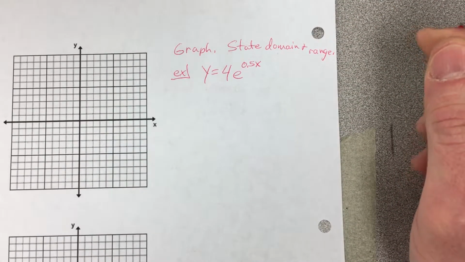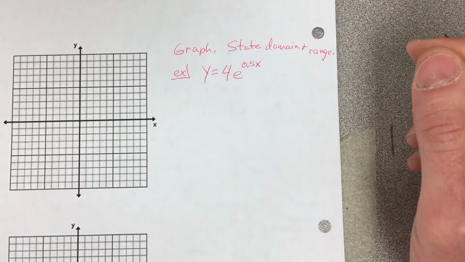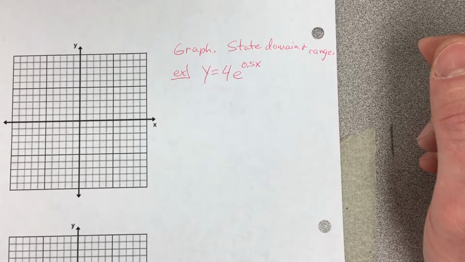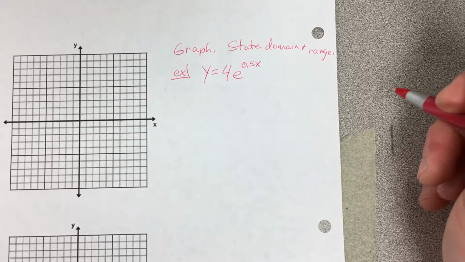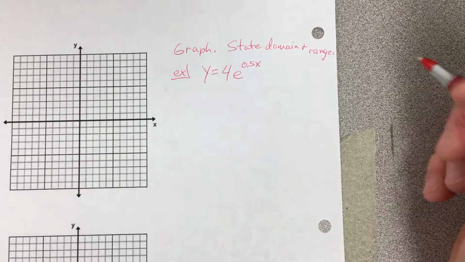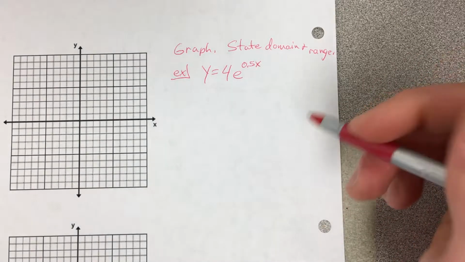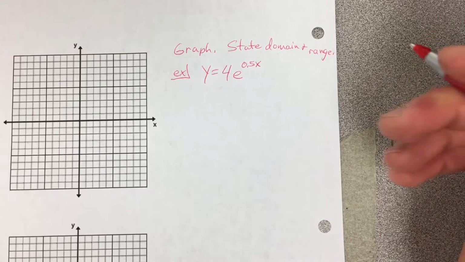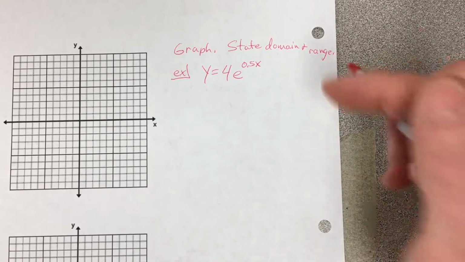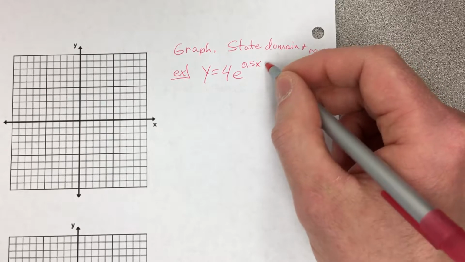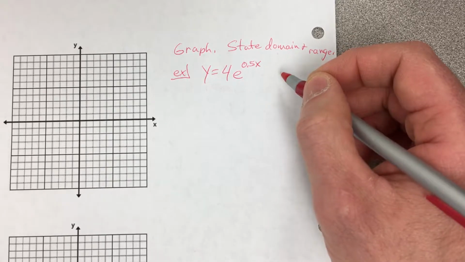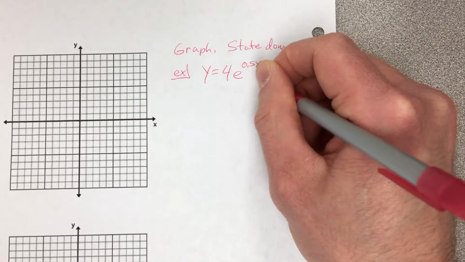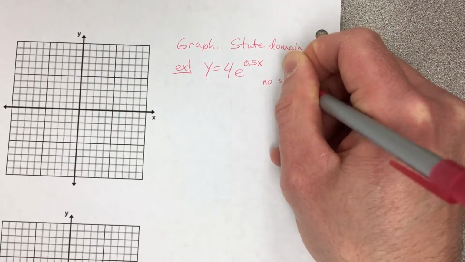Looks kind of wacky. But you're going to do this the same way we do other exponential functions. We're going to think about if there's going to be a shift in the graph. If there is a shift, we're going to do the non-shifted version first, then shift our coordinates. But in this case, because we're not adding or subtracting anything with the x, or down on the ground afterwards, there's going to be no shift here, and that's a good thing to know.